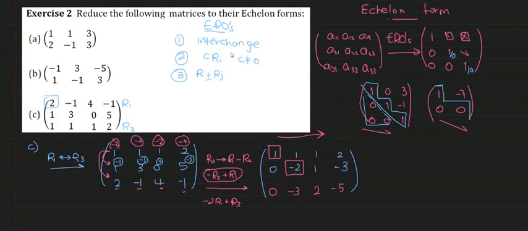We can multiply it with a value. Addition or subtraction will be more complicated, but we can directly multiply this value by negative 1 over 2, right? So if we take row 2 and multiply it by negative half, this negative half multiplied by negative 2 will make it 1, right?